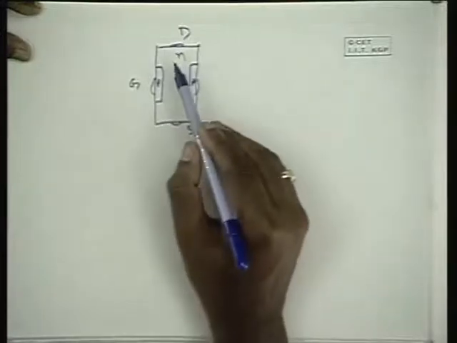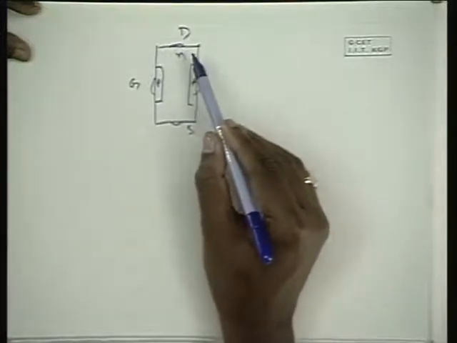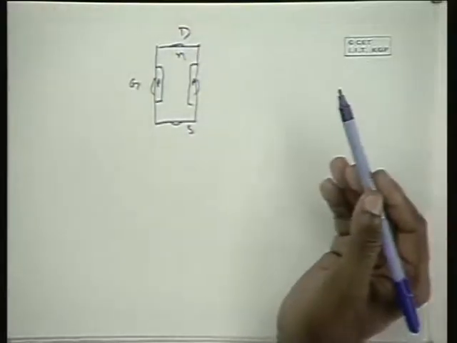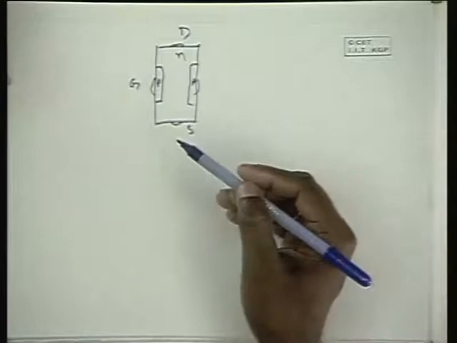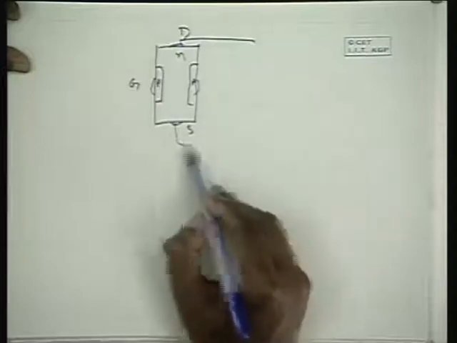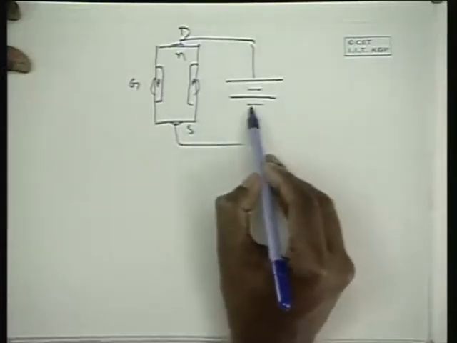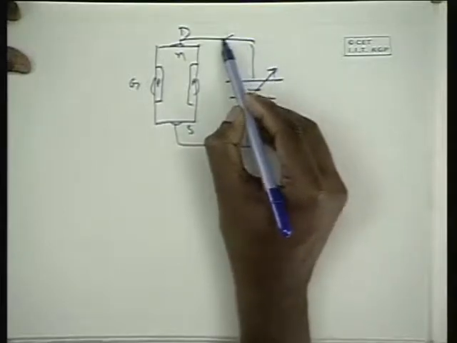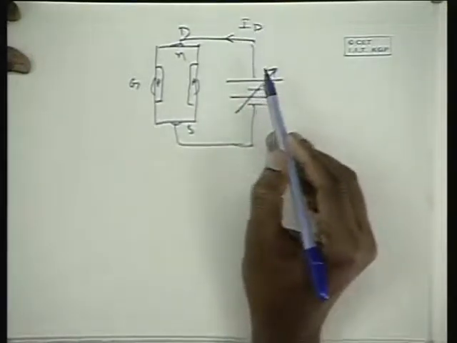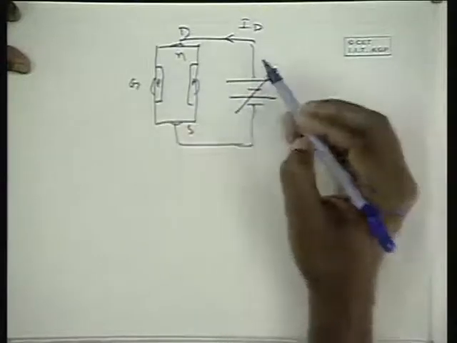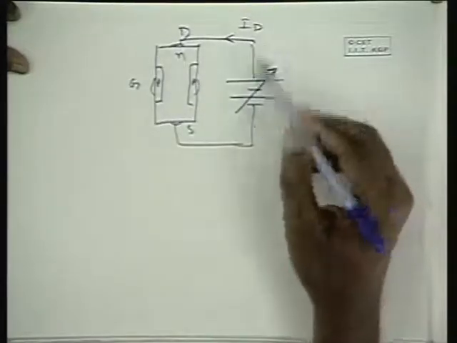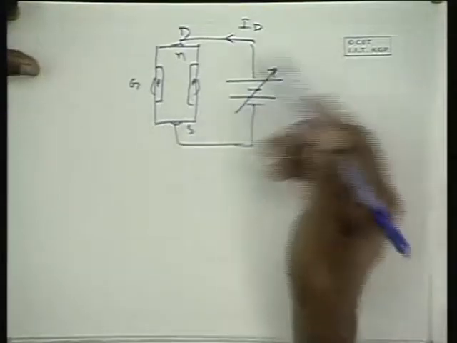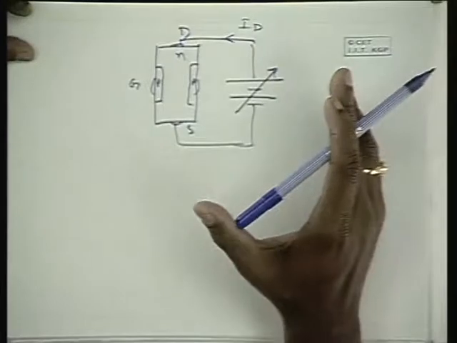If there is some asymmetry in the construction of the FET, and if the area of drain is more than that of source and so on, there would be some difference in the characteristics when you reverse it. And in the ohmic region anyway, you are operating in the low voltage region, so you are applying a supply here, and you are getting some drain current. If it is positive supply, drain current will be positive, and if negative supply, drain current would be negative. For small voltages, however, it is approximately reversible.